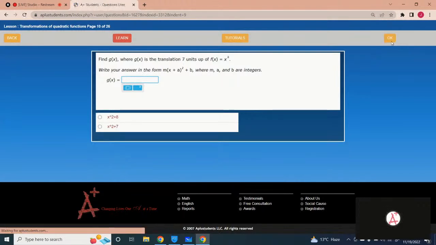Yes, very good. Okay, g of x is translation 7 unit up. Which option is the correct one? Option number 2. Just select the correct option, then click on the OK button.